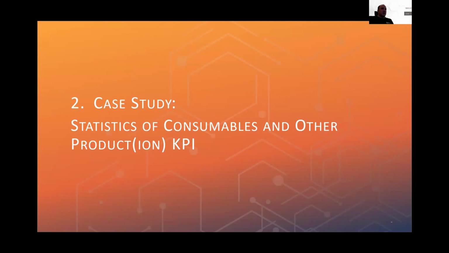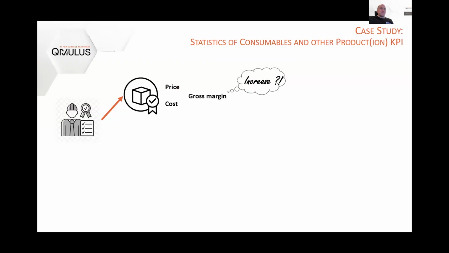Yeah. Thanks, Mike. Thanks, Frank. So the next topic will be the case study on statistics of consumables and other product or production KPIs. Obviously, we know we have price and costs for our good parts, and we have a gross margin.